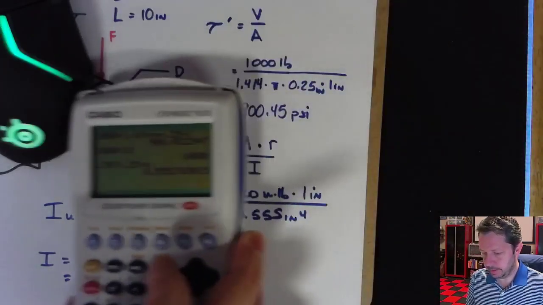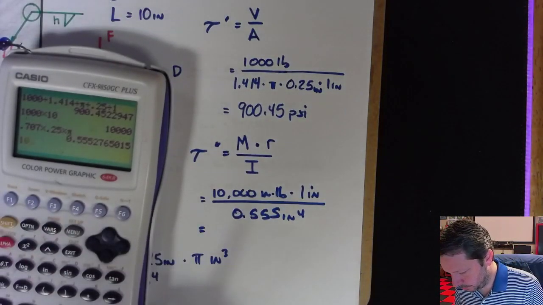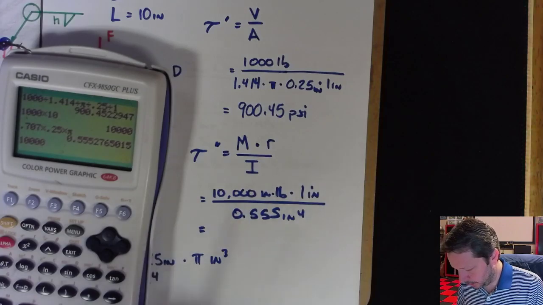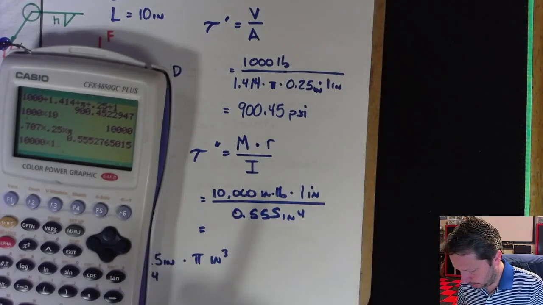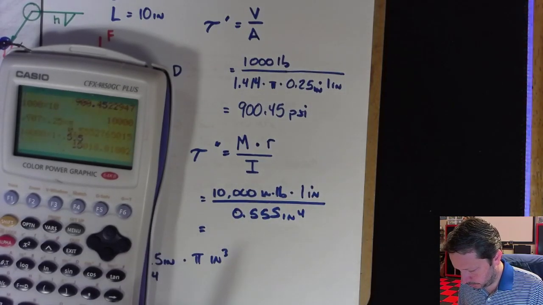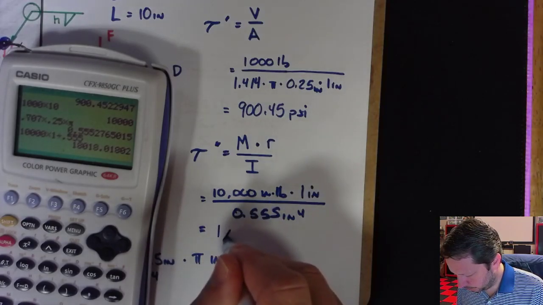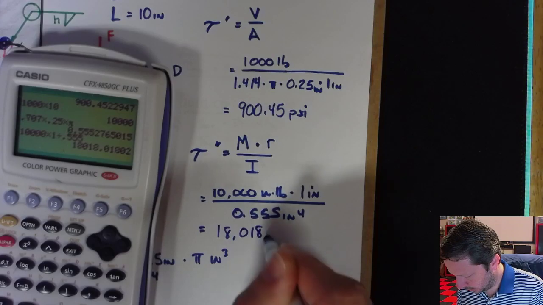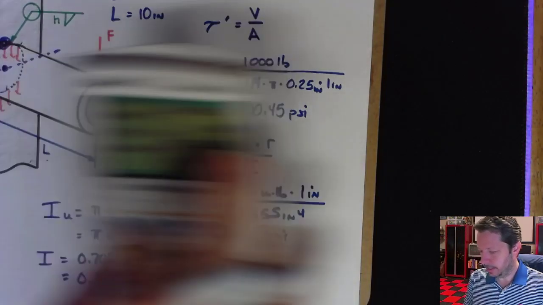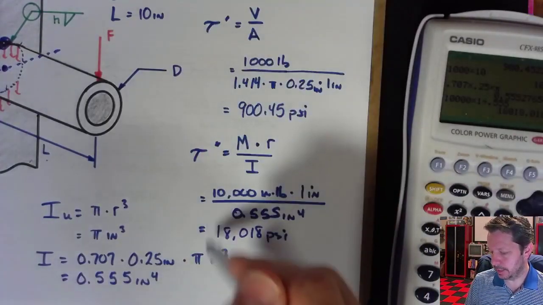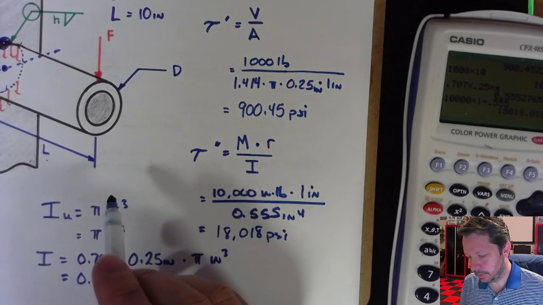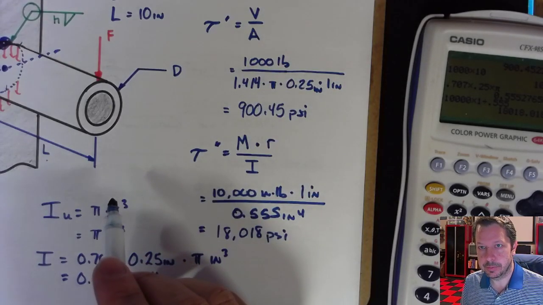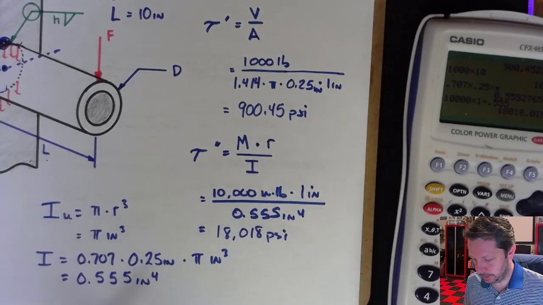Put that in here, and we can calculate our secondary shear stress: 10,000 pounds times 1 divided by 0.555 gives 18,018 psi. Now these we combine together. We don't have to worry about some off-angle shear stress.